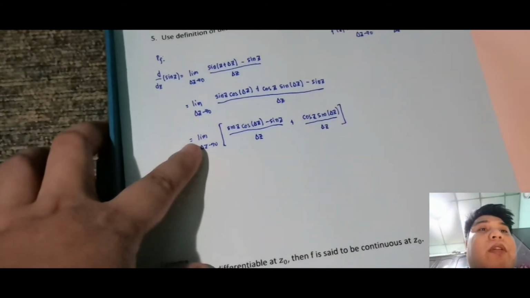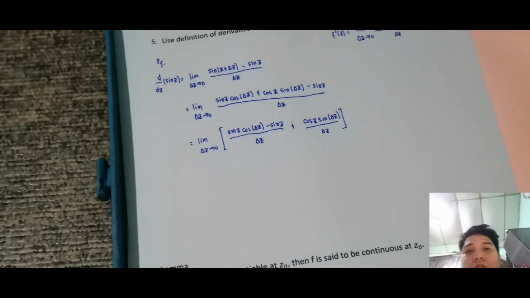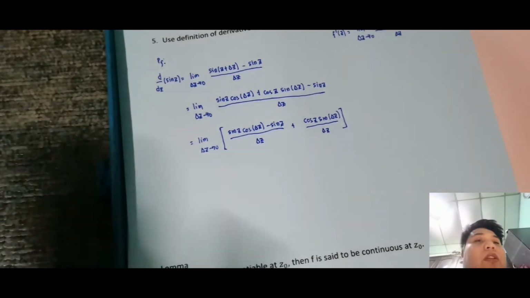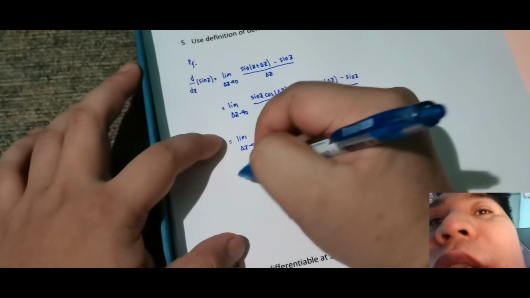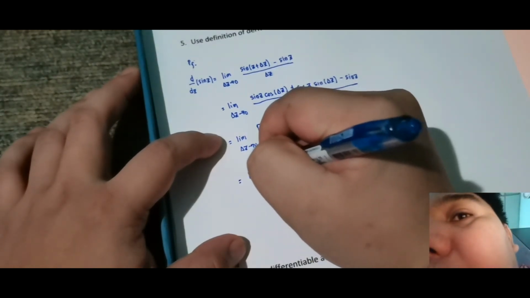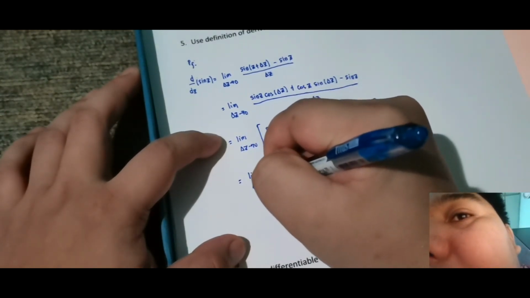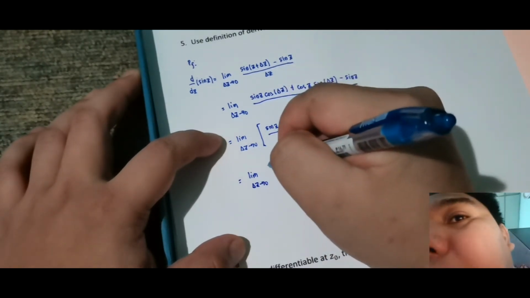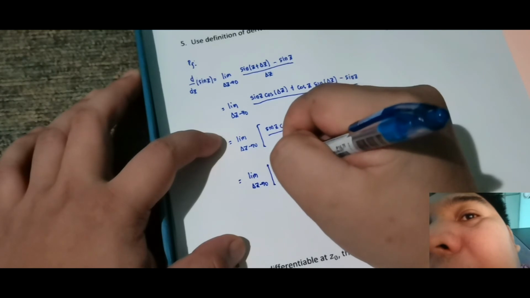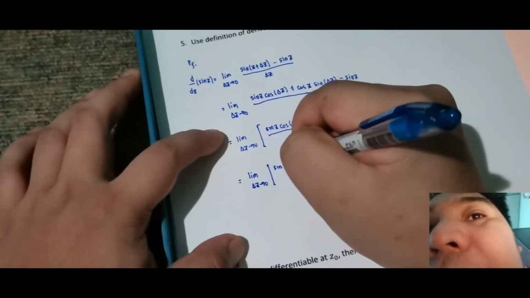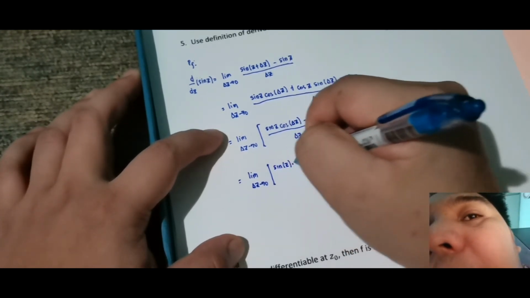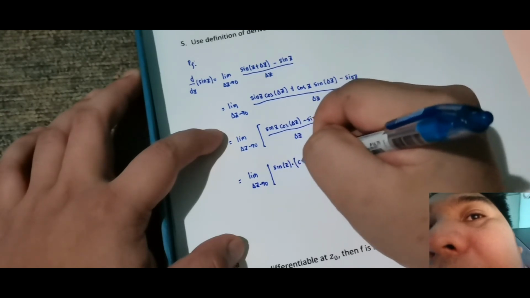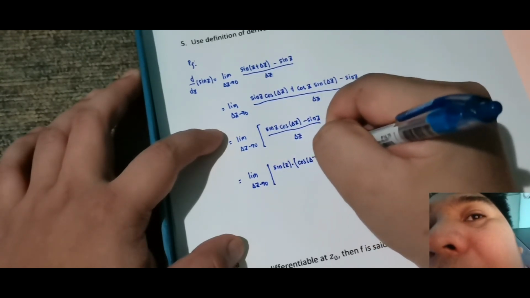Okay, so next paghihiwalayin ko yung limit. Tama? So magpa-factor ako konti, tapos paghihiwalayin ko yung limit. So meaning dalawang limit kukunin ko. So this is the limit as delta z approaches 0, nag-factor out ko na yung sine z. So in this part, naka-factor si sine z, multiplied by cosine delta z.